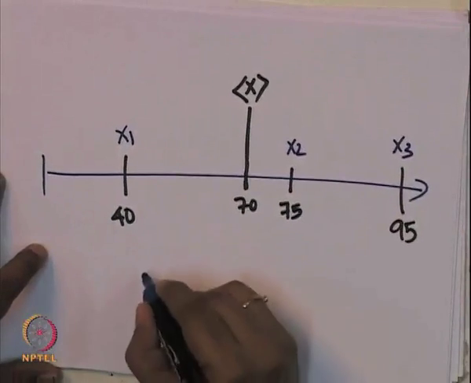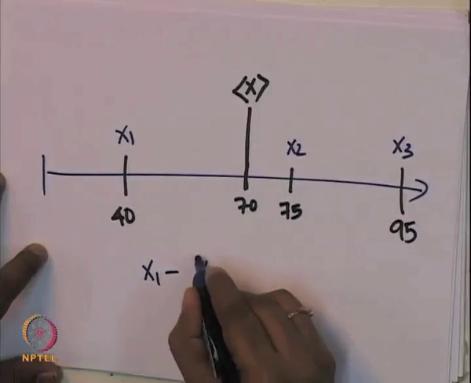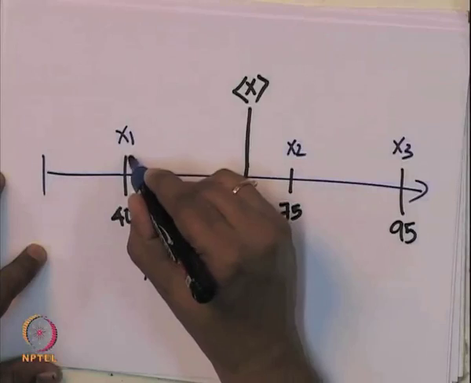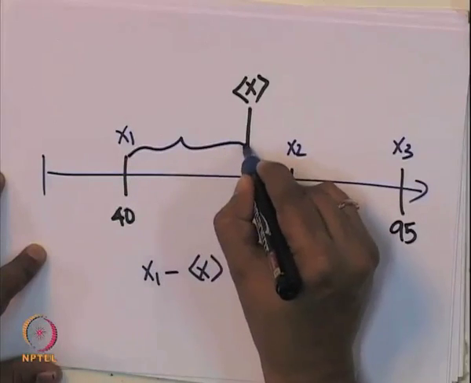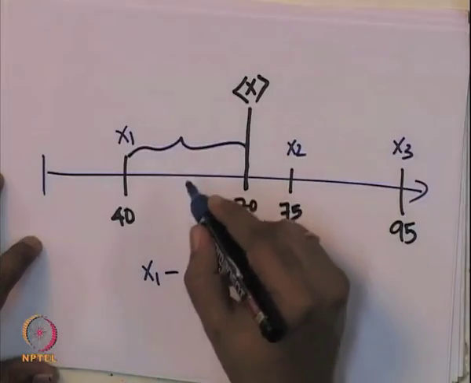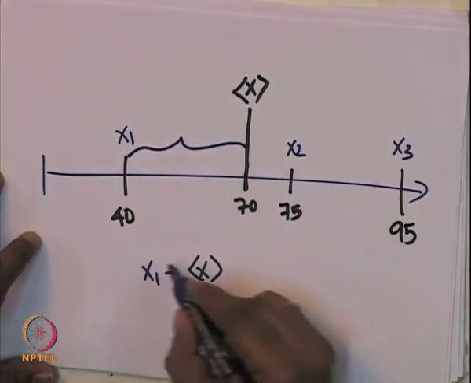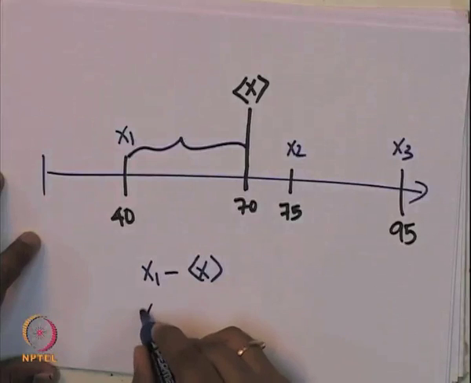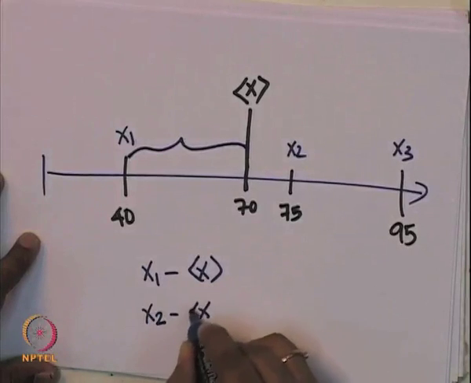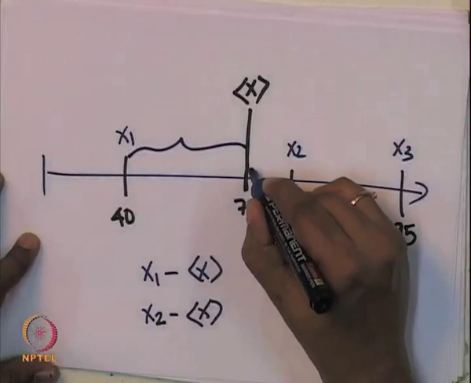So when we say x1 minus x average, that is this distance. Then we calculate x2 minus x average, that is this distance.